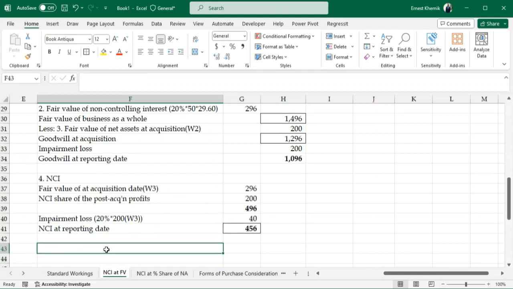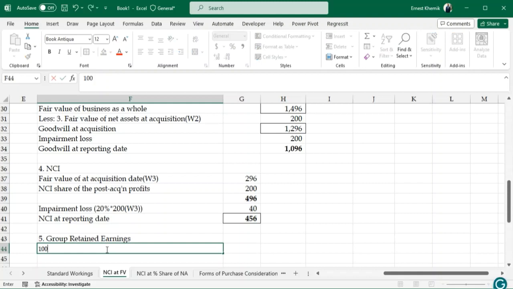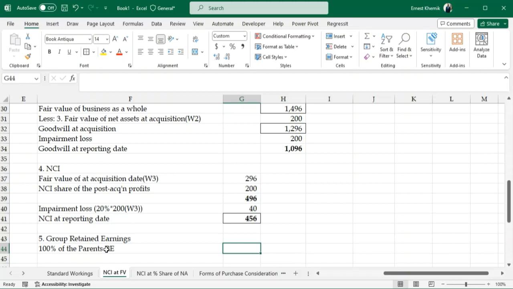Now let's go to the fifth working, which is the group retained earnings. With the group retained earnings, we start off by taking 100% of the parent's retained earnings, that's RE, from the separate financial statement.